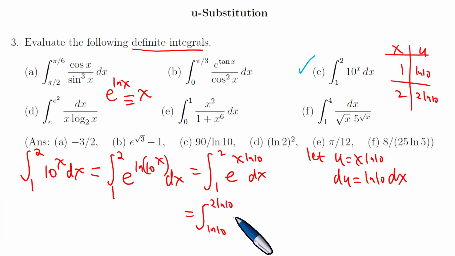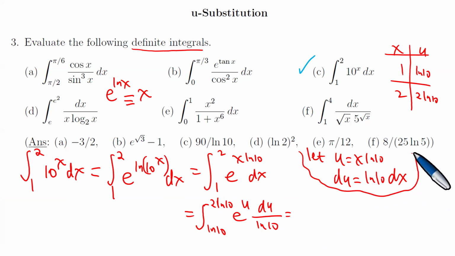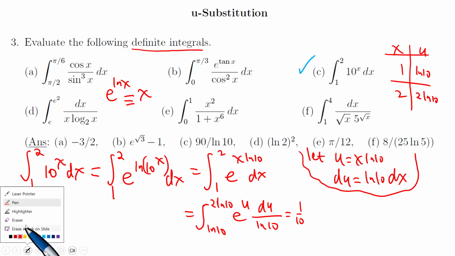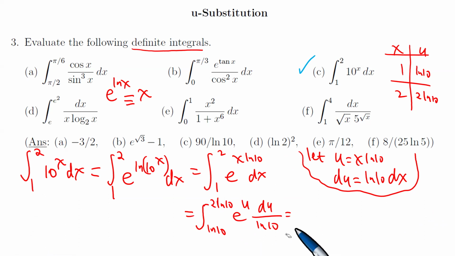So from time to time, I'm going to give you a chance to try the problems. What is x ln 10? x ln 10 is u. What is dx? dx is du divided by ln 10. 1 over ln 10 is a constant, so we take it out.